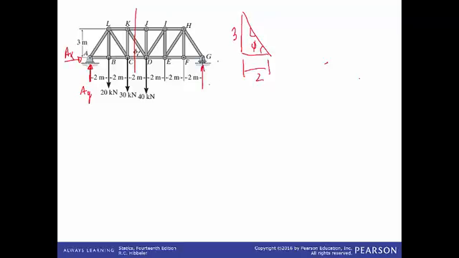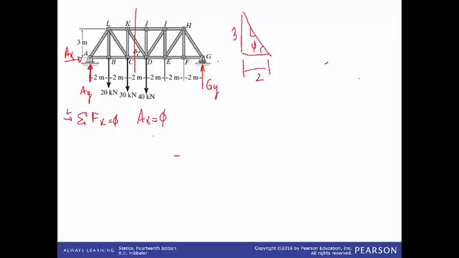Here you have GY only, and in this case, if we do sum of the forces in X equals 0, then AX is the only force, so AX equals 0.